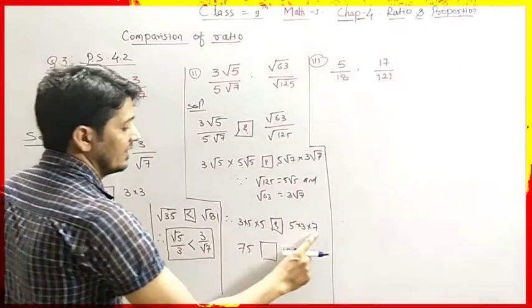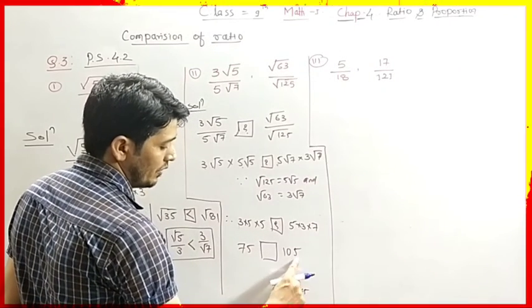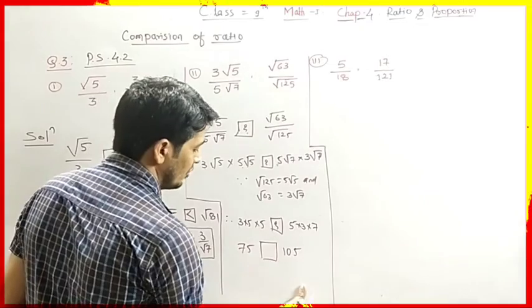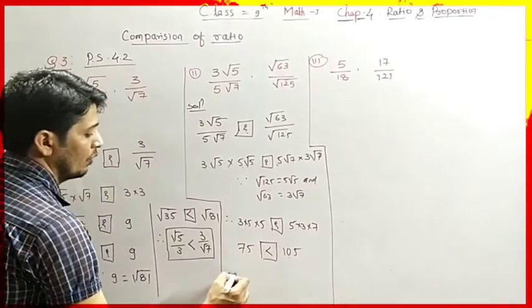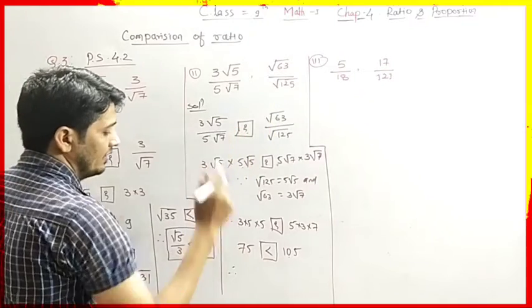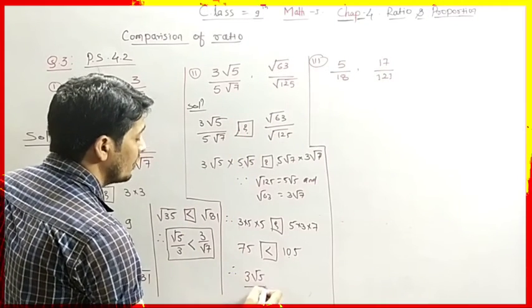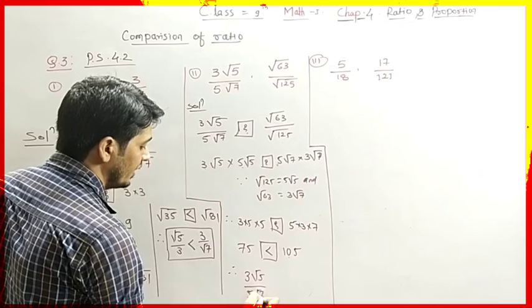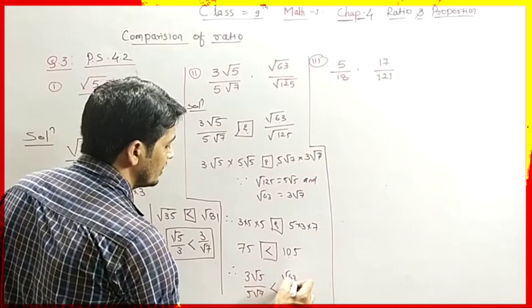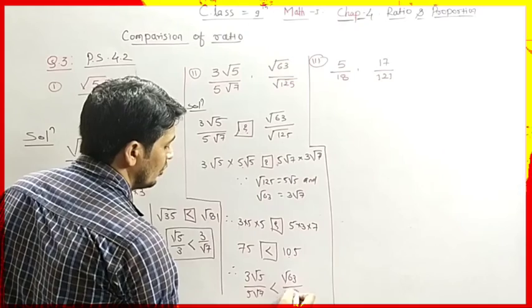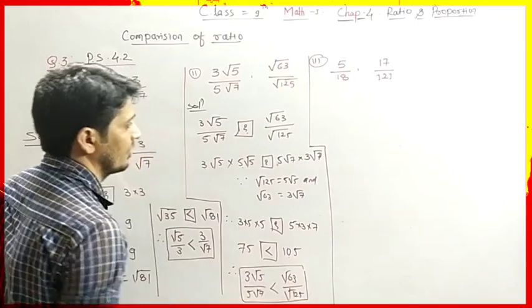Or we can write 7 3s are 21 into 5, so 5 1 is 5 and 5 2s are 10. So 105 is the answer, and it is greater than 75. Therefore, this ratio is greater than this ratio. Therefore, 3 root 5 divided by 5 root 7 is smaller than root 63 divided by root 125. And this is our answer.